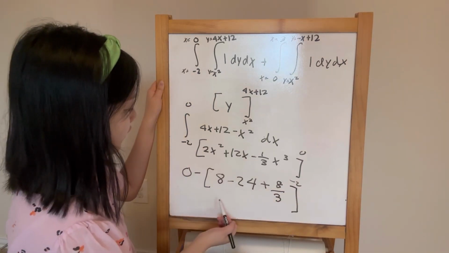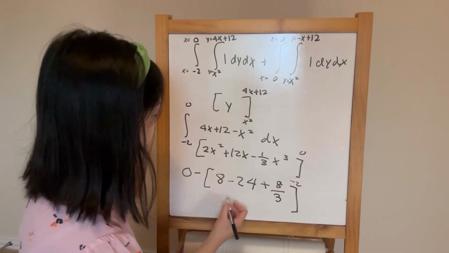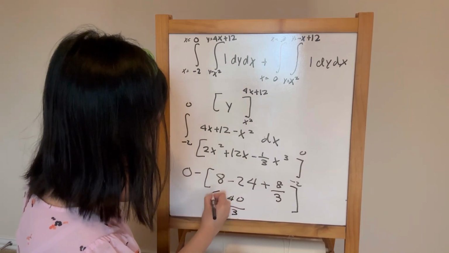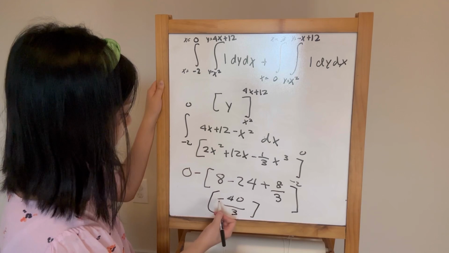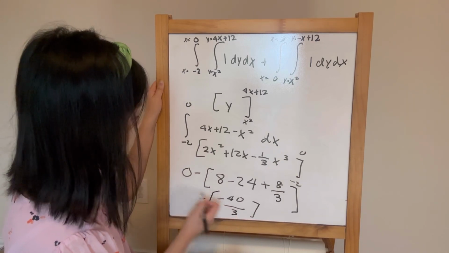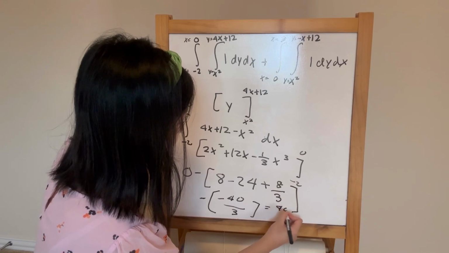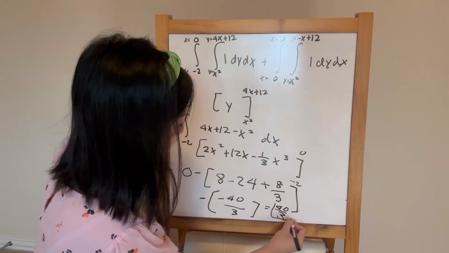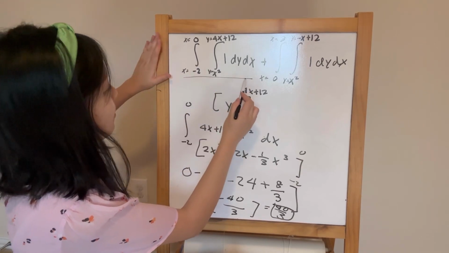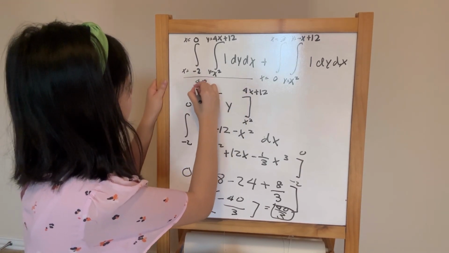This expression finally evaluates to negative 40/3. And since we have a negative in front, we get positive 40/3. And so this first one evaluates to 40/3.